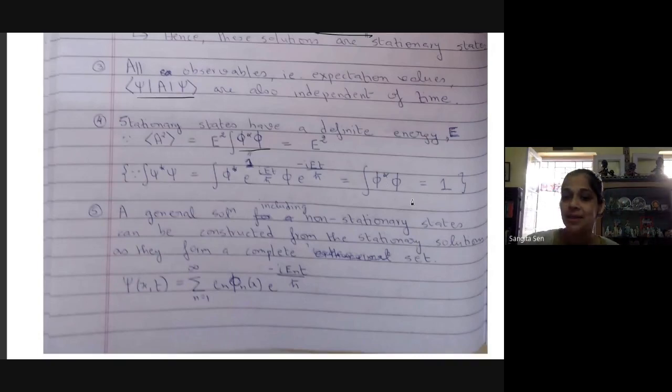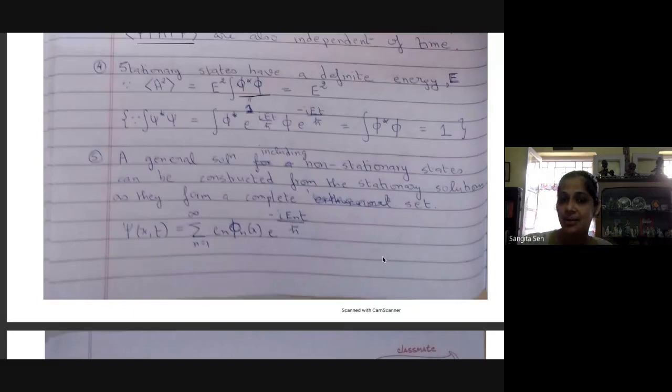So this really helps us a lot, which means that the time factor is simply a tag on. You really don't need to think about it once you've done it once. You find out the energies and the spatial parts from the time independent Schrodinger equation, and if you want the time variation of stationary states, you simply tag on this time factor, which is sometimes called the phase of the function.